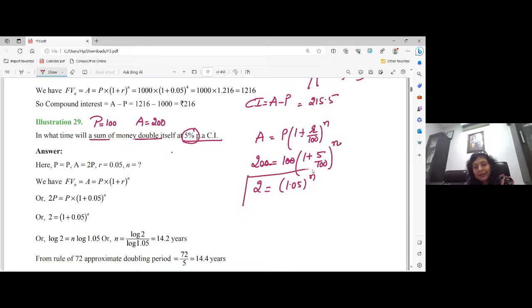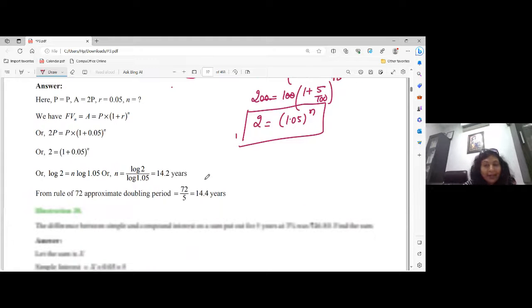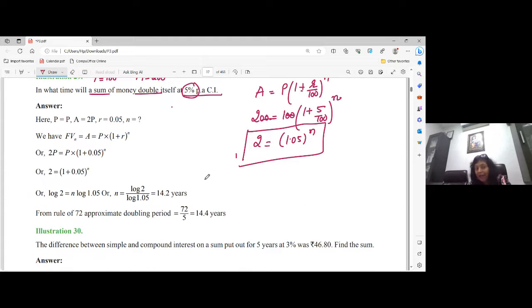Now this is the situation that can be solved by hit and trial as well, or you can take the help of log as well. In the last class, I have explained you how to calculate log. So I'll explain you both the methods. Now say I have to find out 1.05 per n equals to 2. So in that case, you can take the help of log if the answer is not an integer, like 1.05 squared, this is not 2.